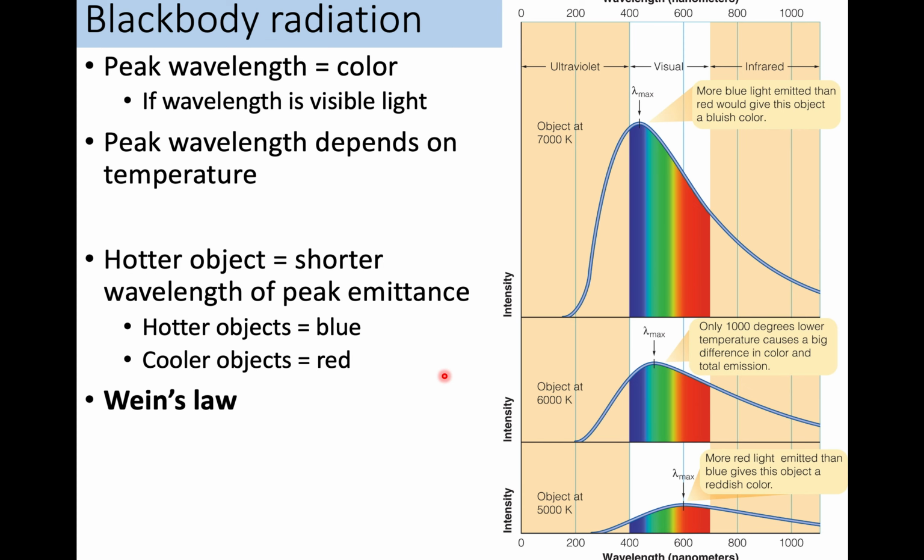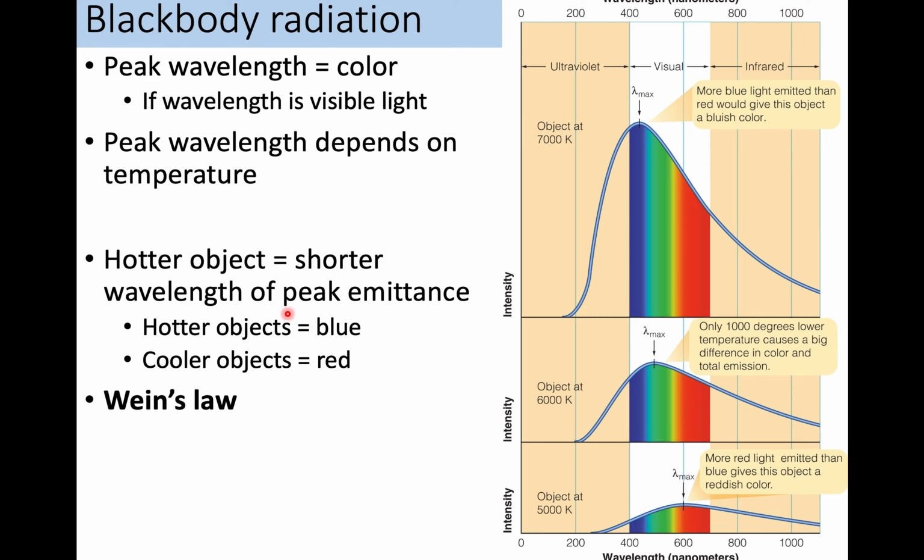Now there's another law called Wien's law that relates the temperature to the color. As I was explaining a couple slides ago, the peak wavelength color, if it's in the visible light, is going to be the color that we see, literally the color that we see. So the peak wavelength depends on temperature. The hotter the object, the shorter the wavelength.